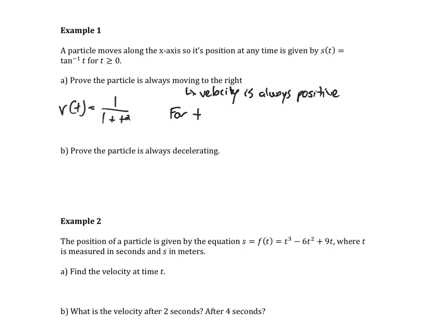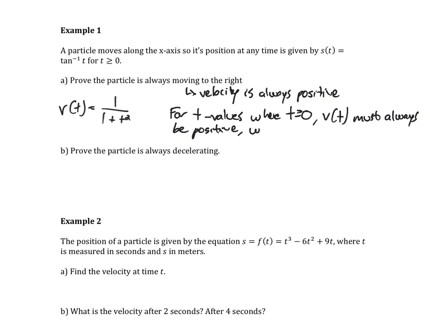For t values where t is greater than or equal to 0, v of t must always be positive, which means the velocity is positive and the particle is always moving to the right.